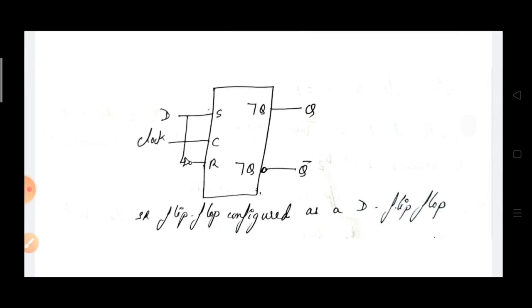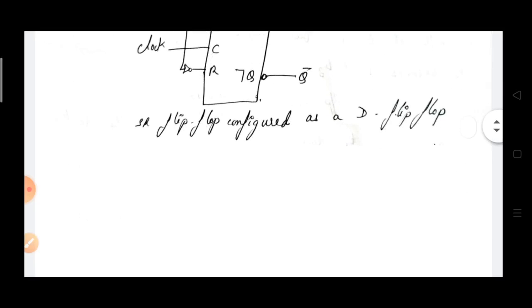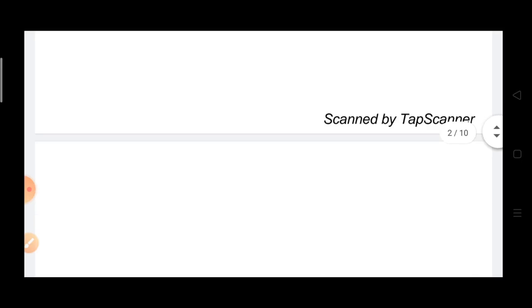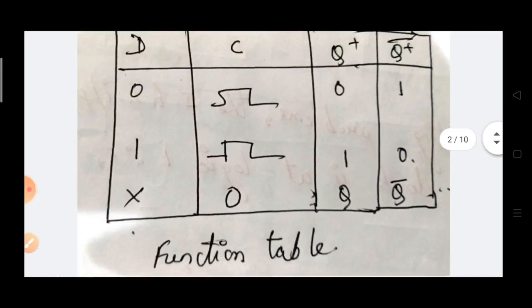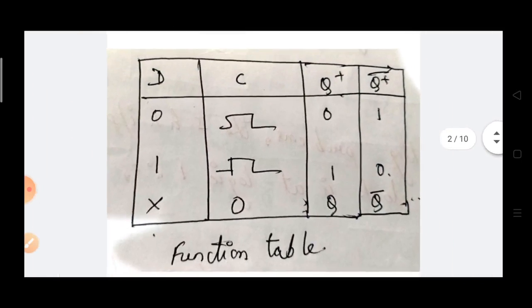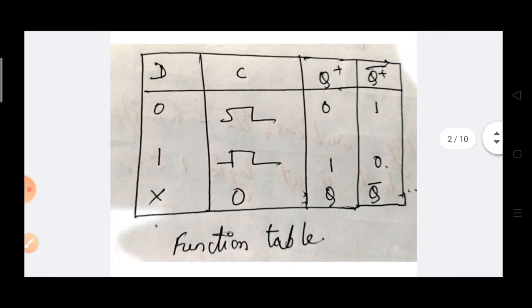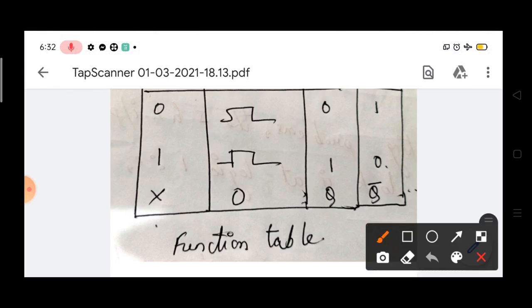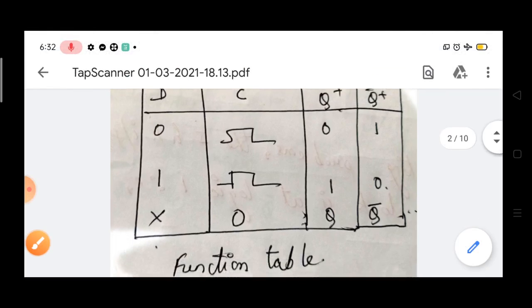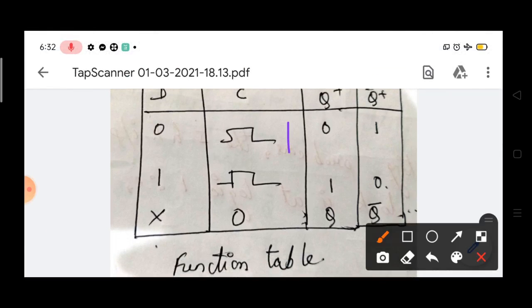It's simple, right? So you can see here the function table of a master slave D flip-flop. First thing is we know that our flip-flop works only when the clock is high.